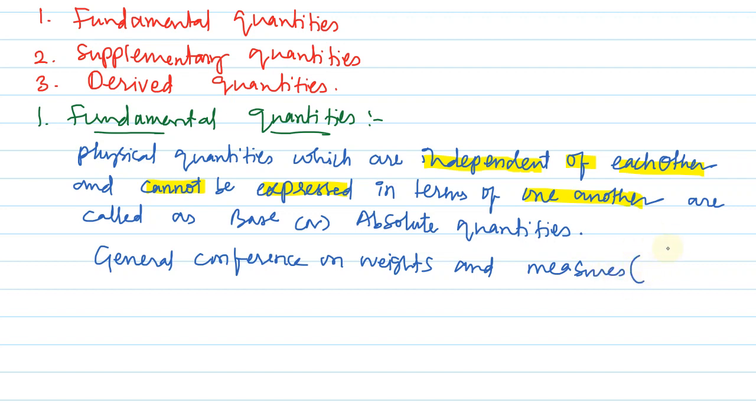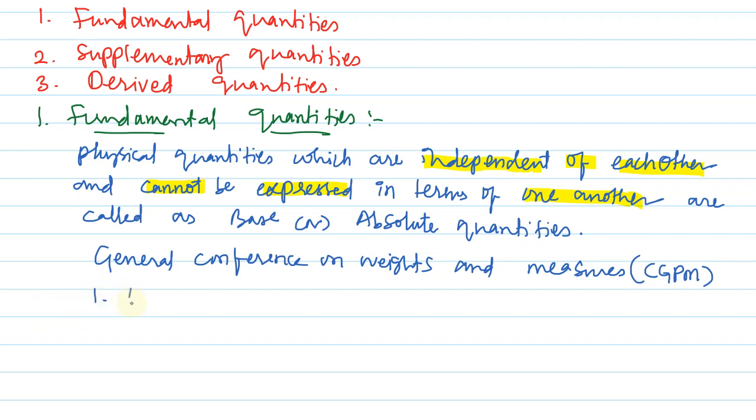This is generally represented as CGPM. This international body has chosen 7 fundamental quantities. Let's see what they are.